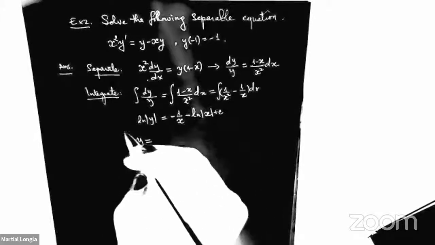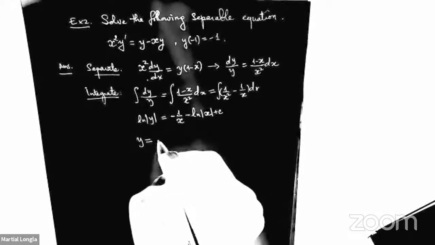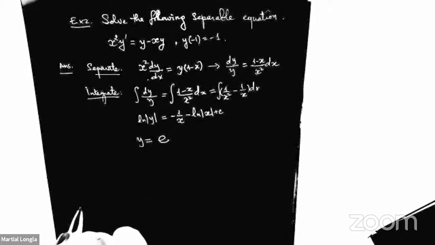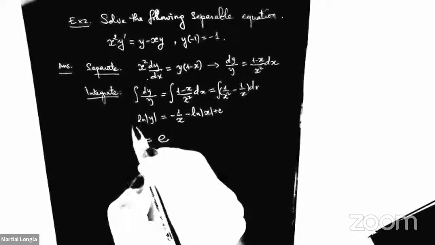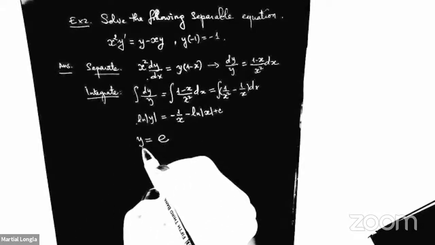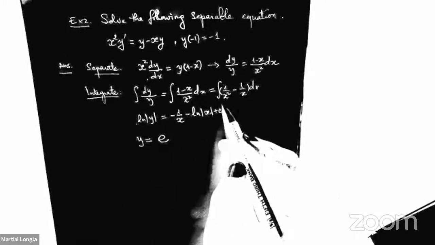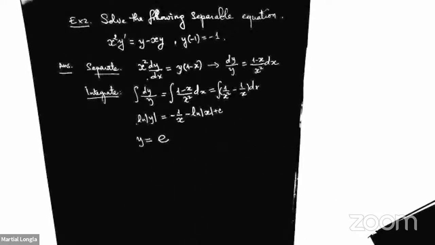To get y here, we need to take exponential on both sides. And please be careful with this because it's something that's going to show up in other things that we will do later. So you take exponential, this becomes y, and I get rid of the absolute values because I'm going to include them into this constant here.